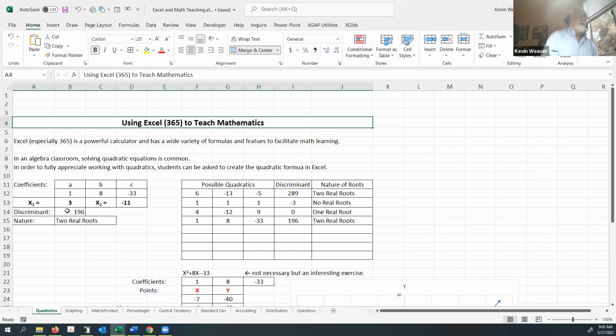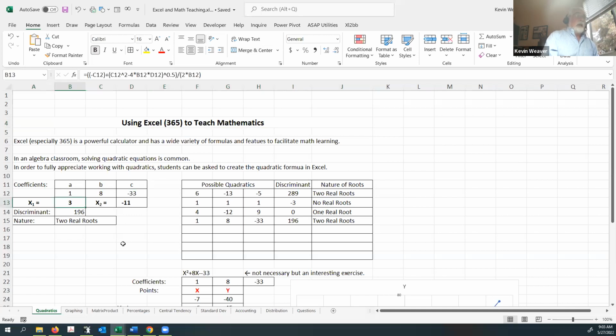If I click on the B13 cell that has the root for the first X value, you can see that rather ugly formula at the top in the formula bar shows how to calculate the quadratic formula. I'm going to pull this up and just make sure that you can see that right here.